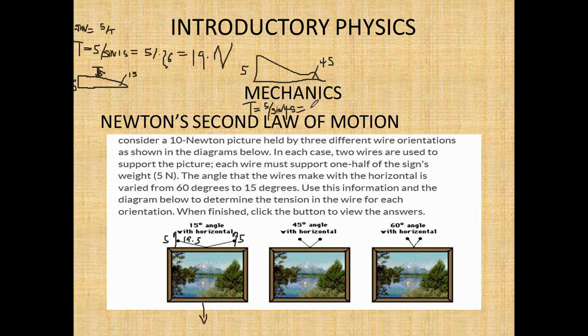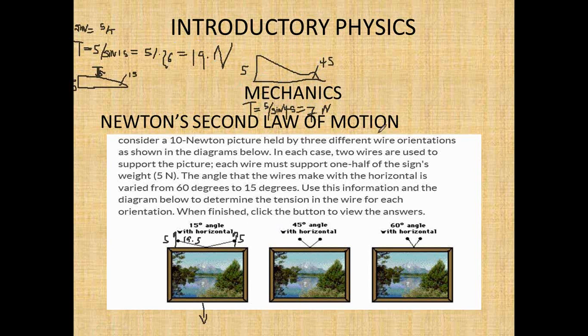So you get 7.1 newtons. Okay? So we know the tension here is 7.1. The vertical component is still going to be 5.